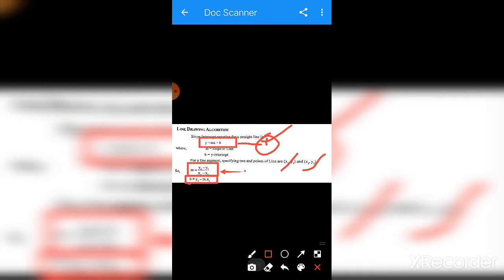So these three equations we use to draw lines. In the next topics, the DDA algorithm and Bresenham's algorithm, we need these three equations to draw a line.